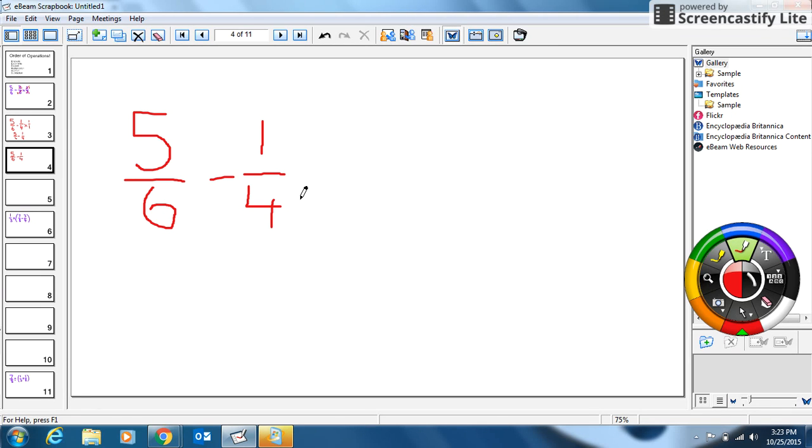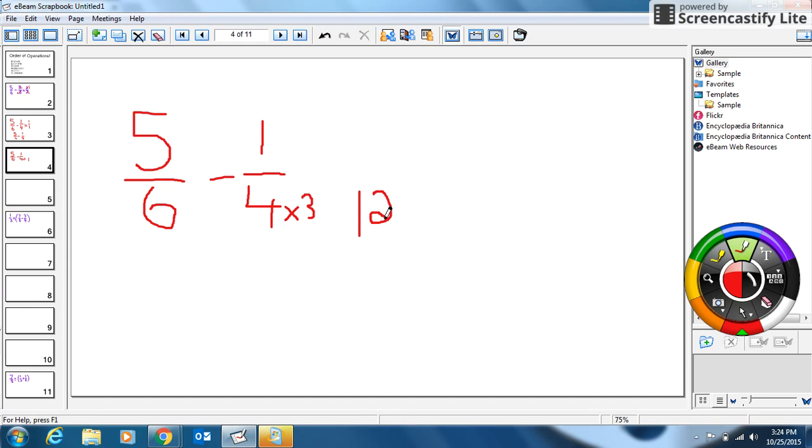Now I'm subtracting here. The problem is my denominators are not the same. Does anybody see what I can change these? I need to have common denominators so I can subtract them. If I count by sixes, 6, 12, 18, 24. If I count by fours, 4, 8, 12. Yeah, we can change the number here to 12 by multiplying it by 3.